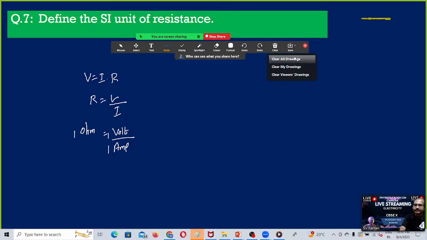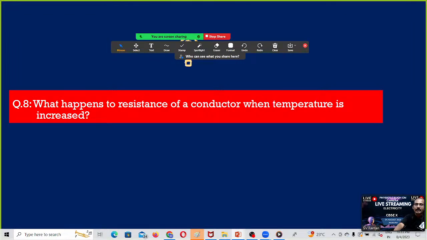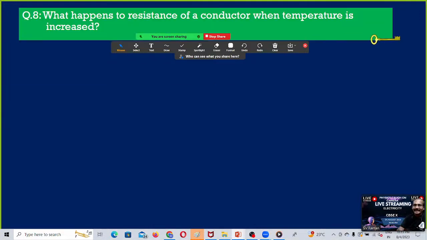Next. What happens to the resistance of a conductor when temperature is increased? This we also studied in theory. Once temperature increases, resistance will increase and conductance will decrease.